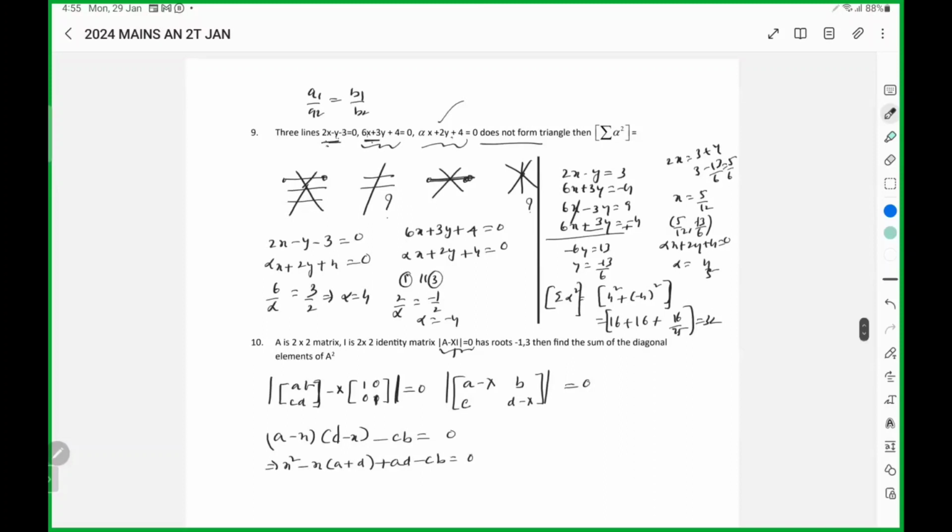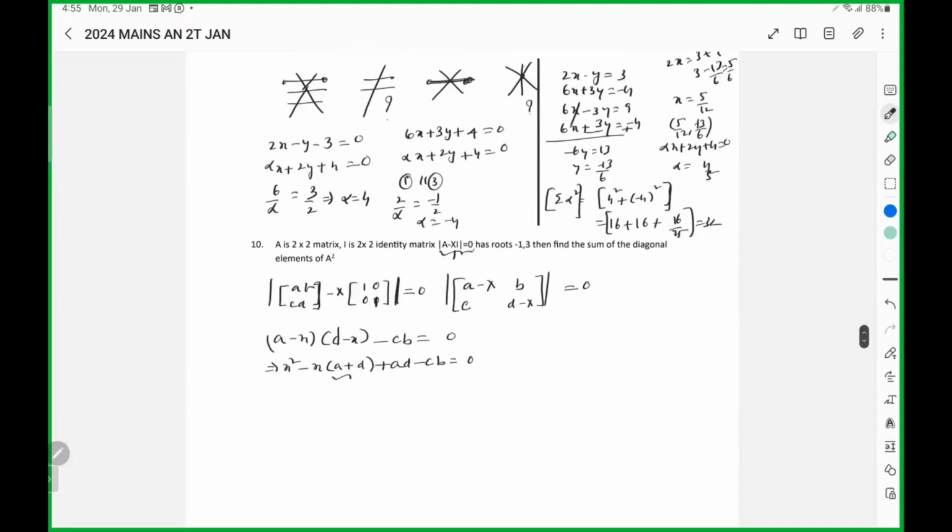Any time if you find characteristic equation, sum of the diagonal elements will give you trace. Sum of the roots, and product of the roots will give you determinant. This is alpha beta, this is alpha plus beta.